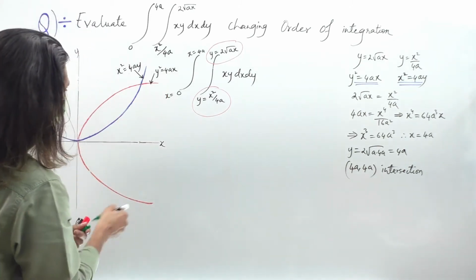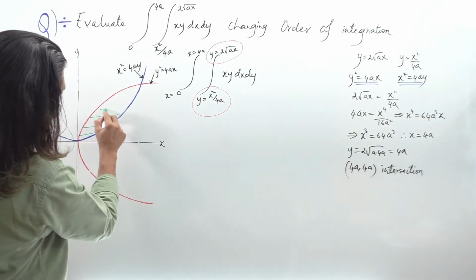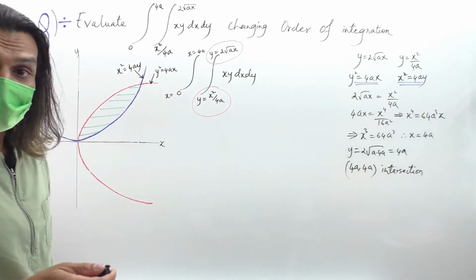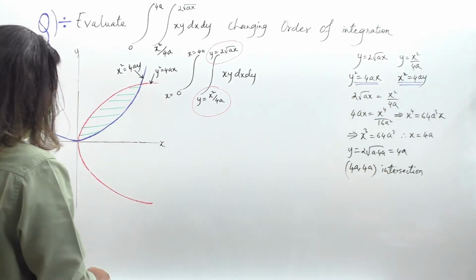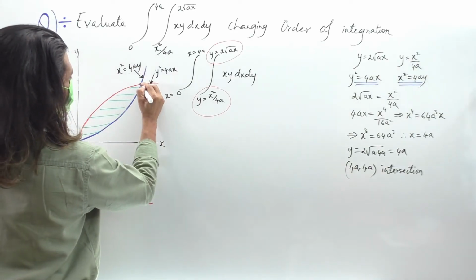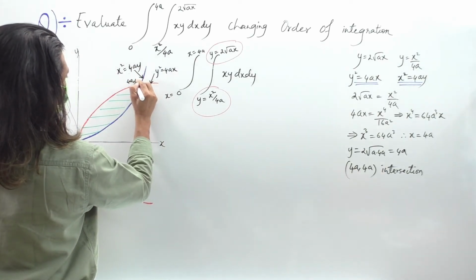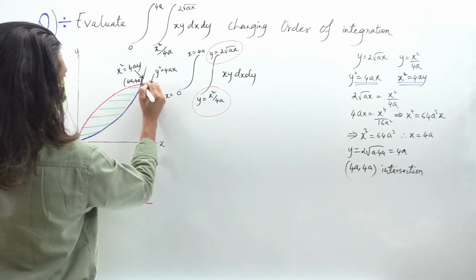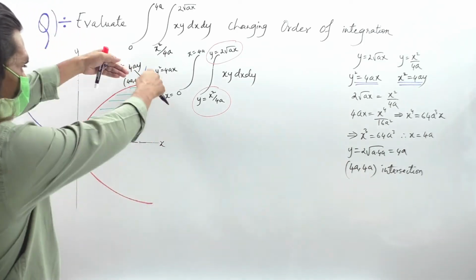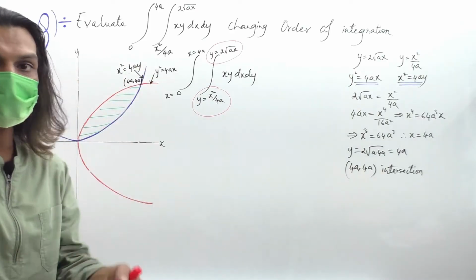Now we are interested in this region, the intersection between the graphs, this region. Okay, now we know the point of intersection here. So what is the point of intersection here? We have it as 4a comma 4a. So write down here the point of intersection. This is 4a comma 4a. Okay, so I will drop these intersections on the x and the y-axis.